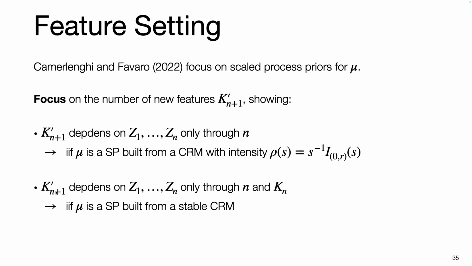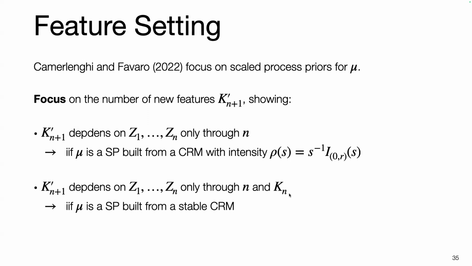In particular, they show that K prime n+1 depends only on the sample size and the number of features if and only if mu is a scaled process built from a stable complete random measure. And in the example that I showed you before in activity prediction, we were considering a specific example of this class of priors. And in fact, our predictions were depending on both the sample size and the number of features.